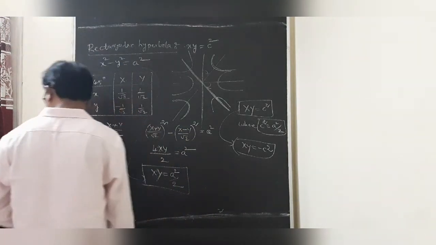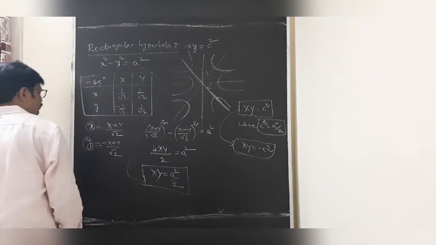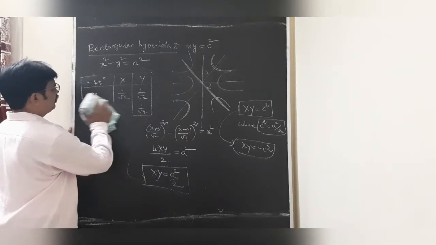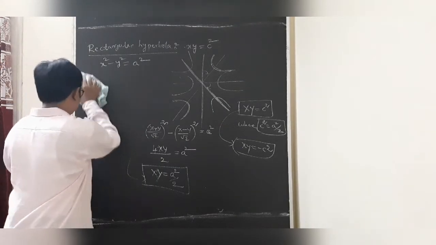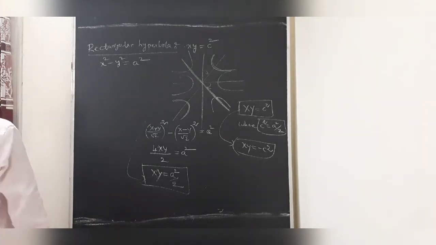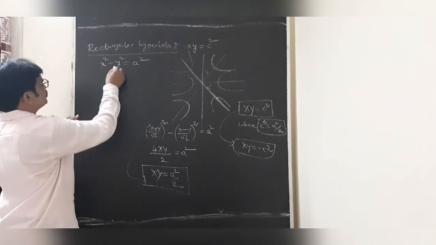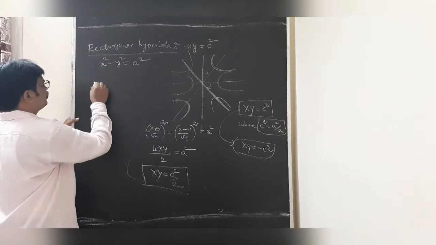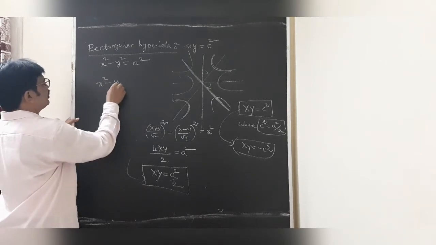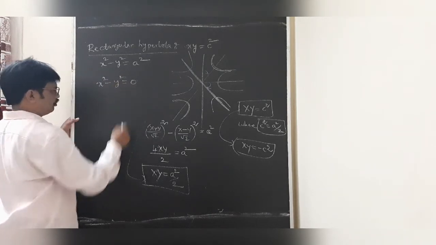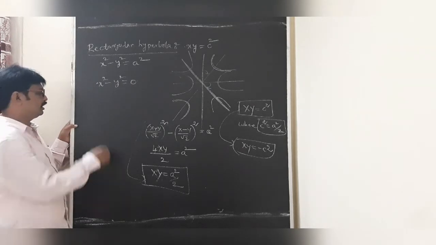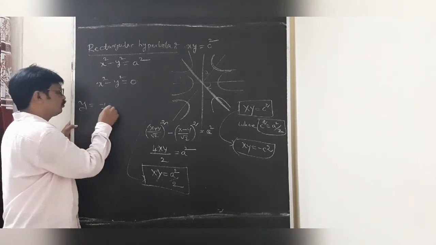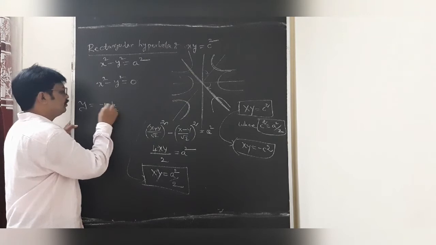The asymptotes of x square minus y square equal to a square are x square minus y square equal to 0. Undoubtedly, we know that y equals plus or minus b by a x.